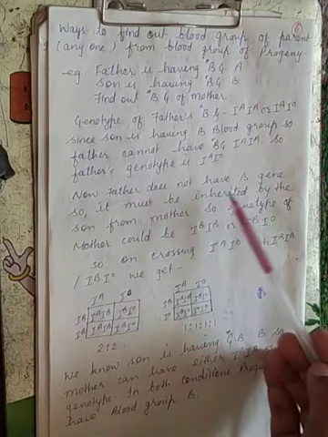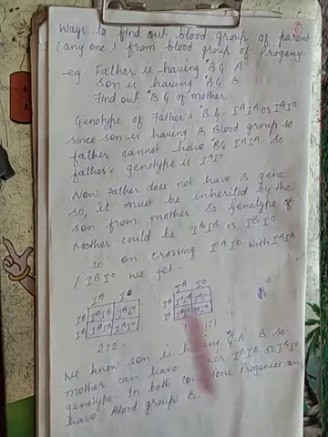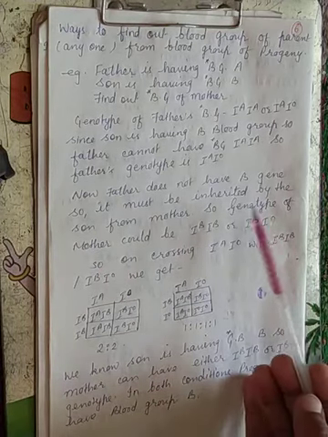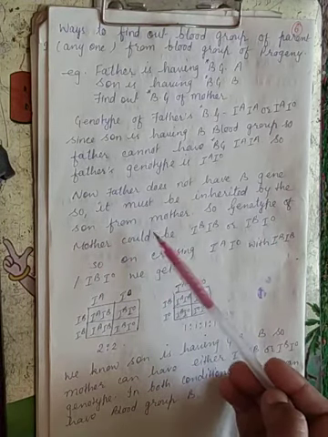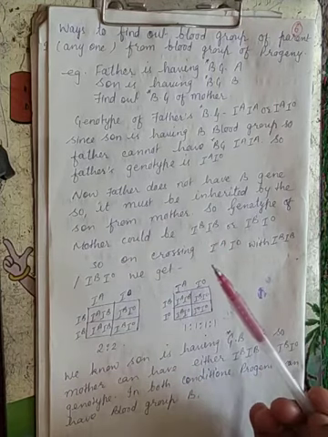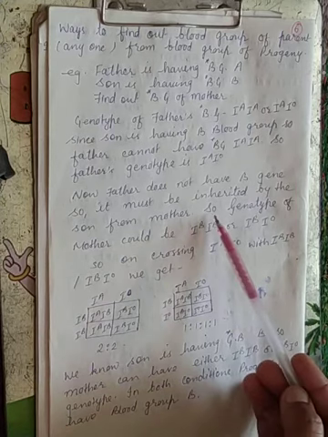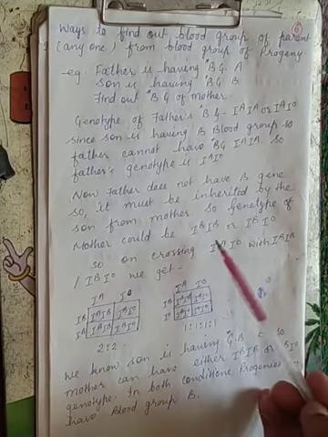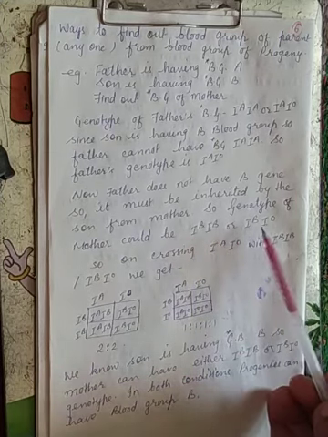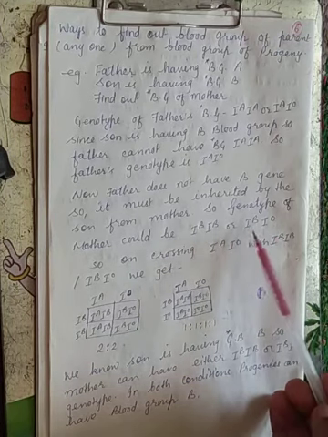Now father does not have B gene. In father the B gene is not present, so it must be inherited by the son from mother. That means the blood group that is present in son could be present in the mother. So genotype of mother could be IBIB or IBIO, that is homozygous B or heterozygous B.